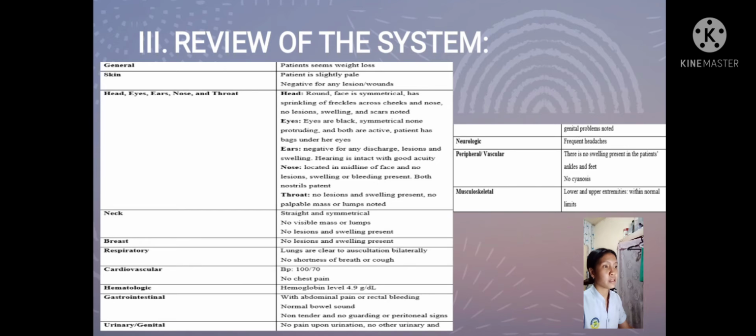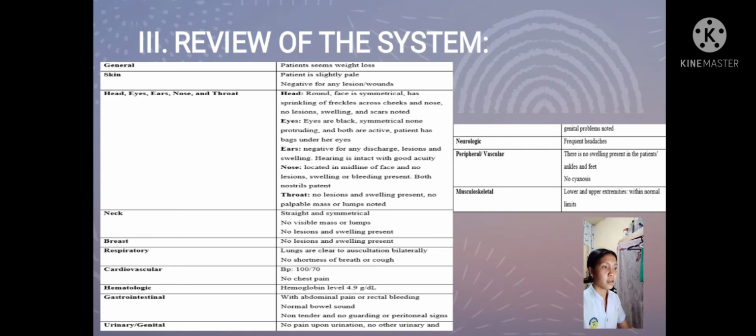Eyes are black, symmetrical, non-protruding, and both are active. Patient has bags under her eyes. Ears: negative for any discharge, lesion, and swelling. Hearing is intact with good acuity. Nose: located in midline of face, no lesion, swelling, or bleeding present. Both nostrils patent. Throat: no lesion and swelling, no palpable mass or lumps noted.